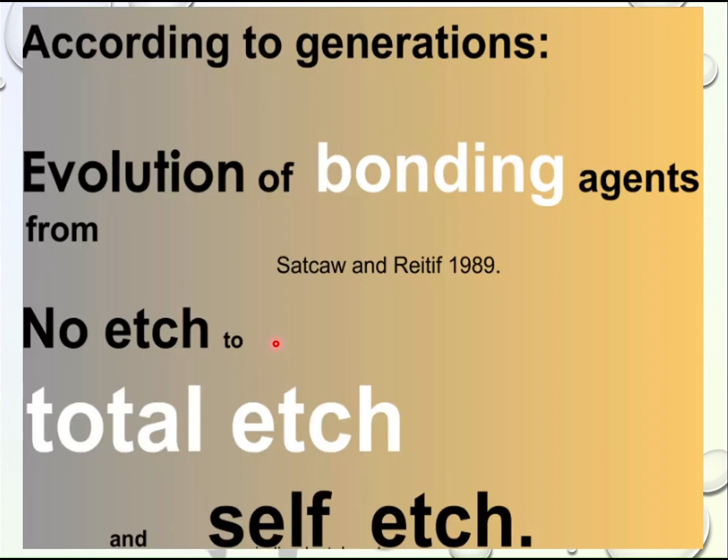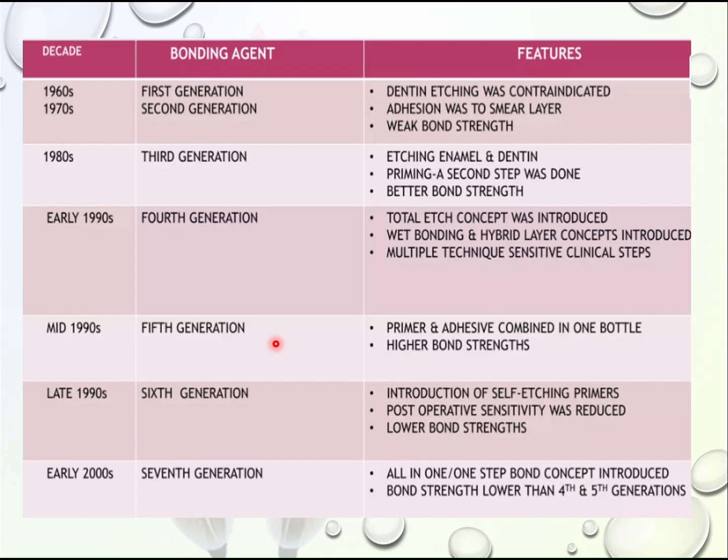So, classification of bonding agents: there were different classifications based on generations, and on etching, self-etch or total etch or no etching. Based on generations, we had a total of 8 generations. Now even the 8th generation has come up. Till the early 2000s we had up to the 7th generation.